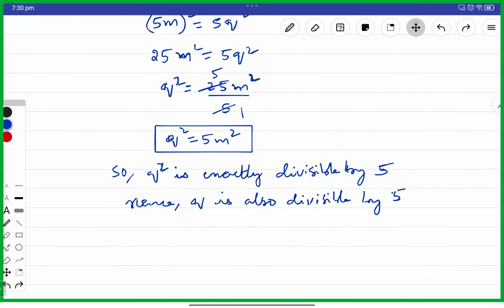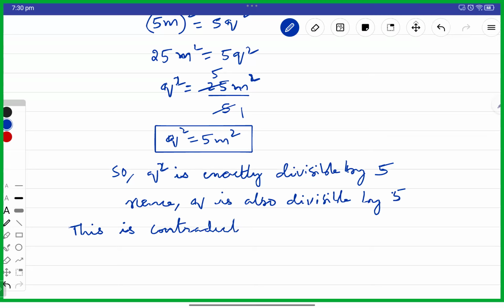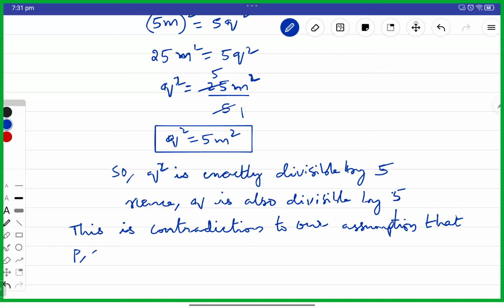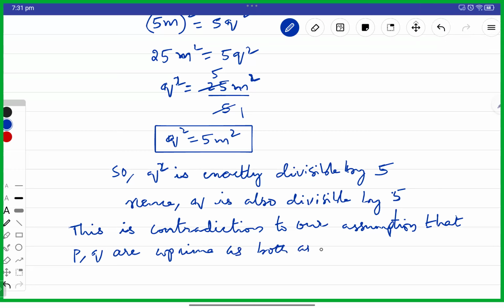The final statement is important. How will we write it? This is a contradiction to our assumption, that p, q are co-prime, as both are divisible by 5, from above.